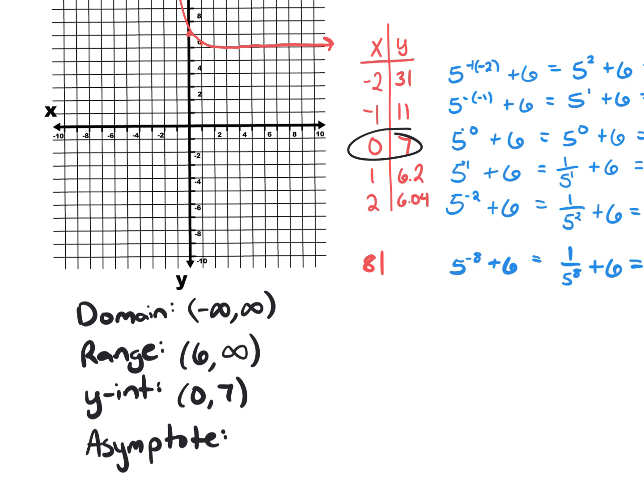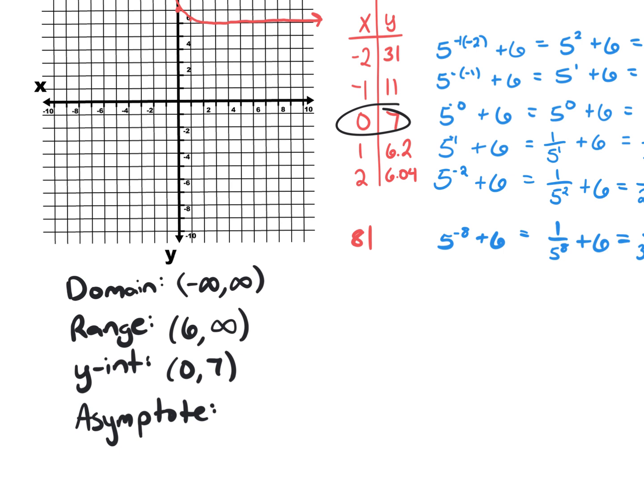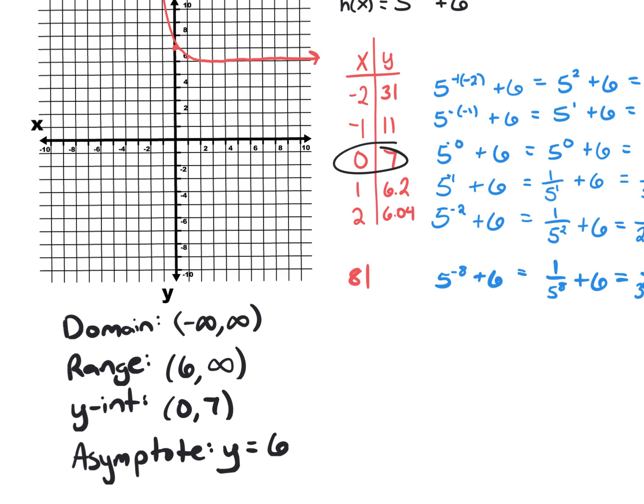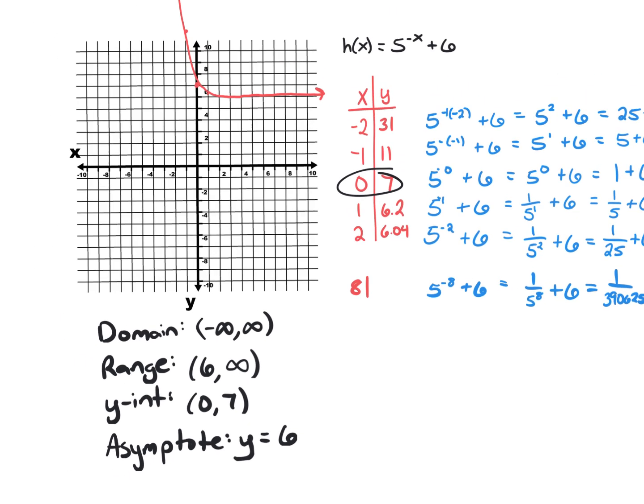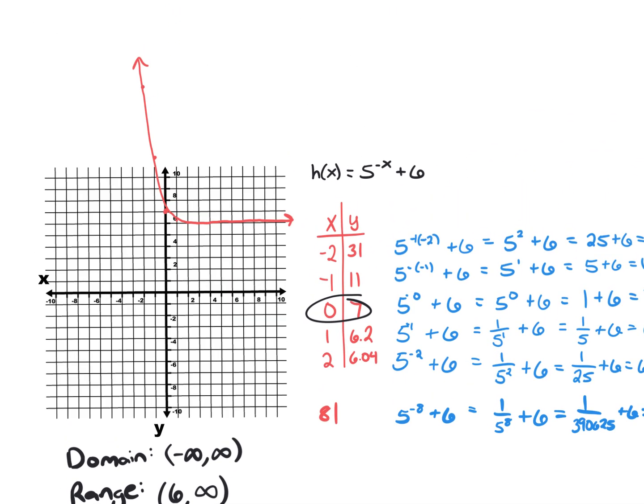It's going to have something to do with 6, but I need something in front of that. Something equal to 6. It is y equals 6, okay? The reason it's y equals 6, some of you might have said x equals 6, but that's here. Does that have anything to do with the graph? No, we want y equals 6 because if I draw a line there, that's the line that I'm dealing with.